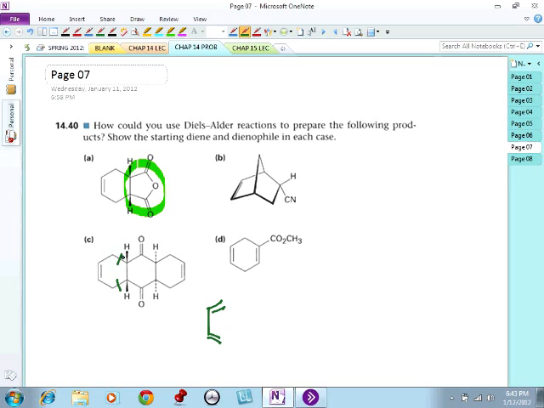Okay, very good. So therefore, on this part, your dienophile will be on this carbon. For the dienophile, the double bond will be here, right? Is that what you say? Okay. So therefore, you say that will be here.